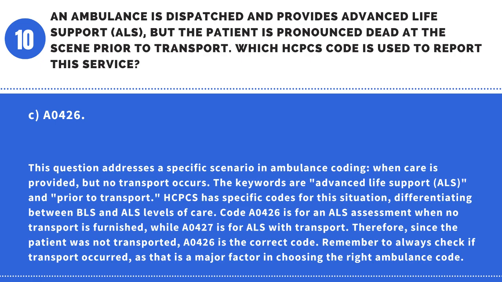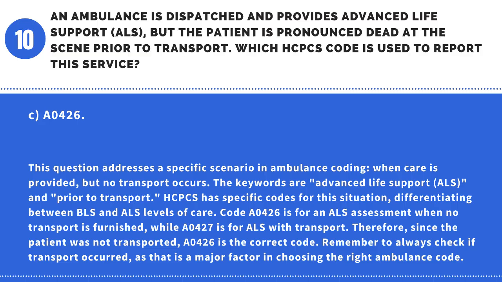Answer: C. A0426. This question addresses a specific scenario in ambulance coding, when care is provided, but no transport occurs. The keywords are advanced life support, ALS, and prior to transport. HCPCS has specific codes for this situation, differentiating between BLS and ALS levels of care.